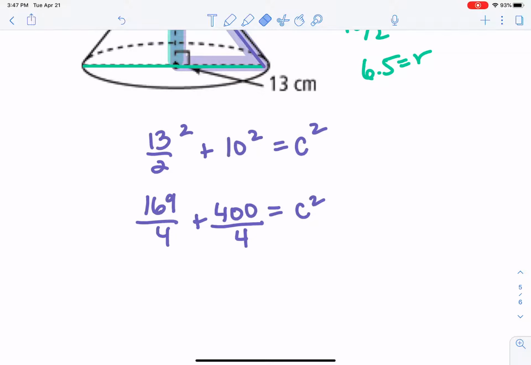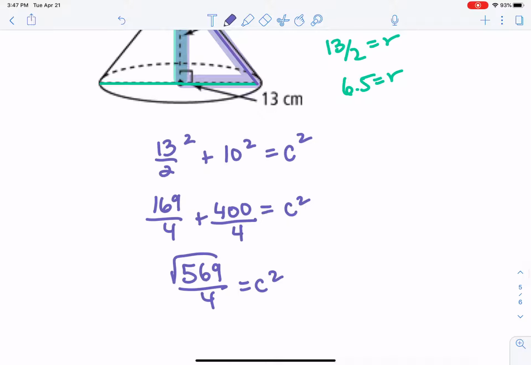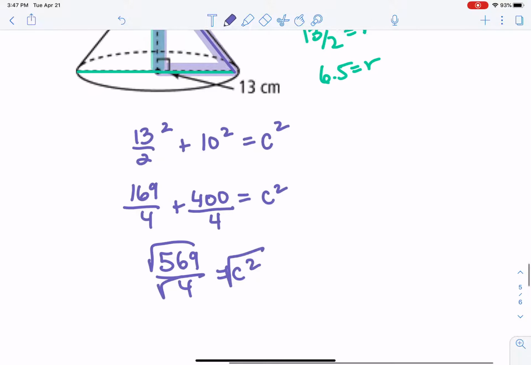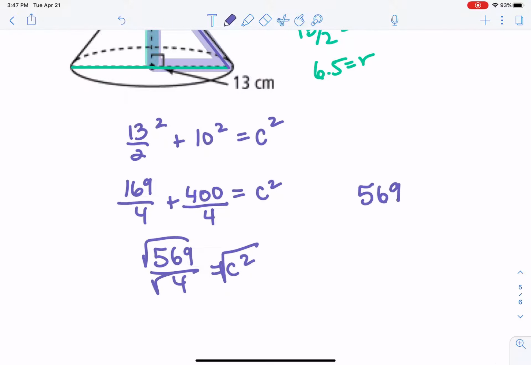So I have 569 over 4 equals c squared. The square root of 569 is a decimal, so I'm going to have to break it down. I'm trying to think of what goes into 569.